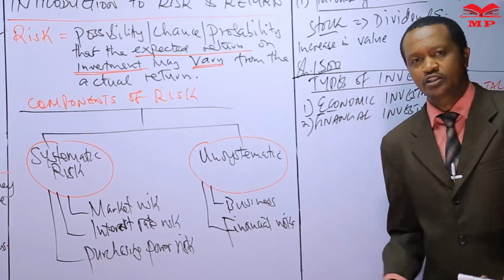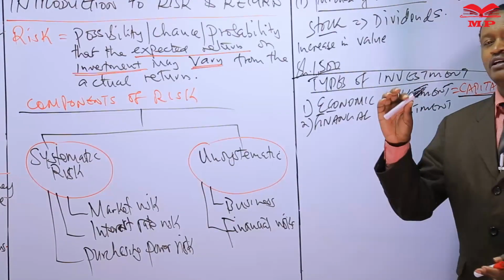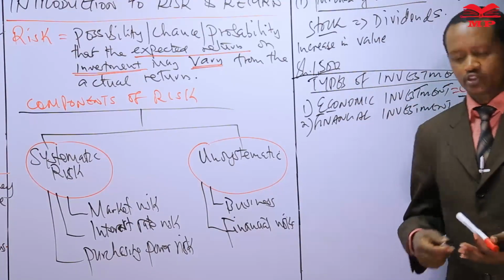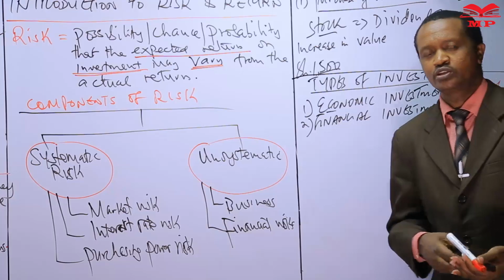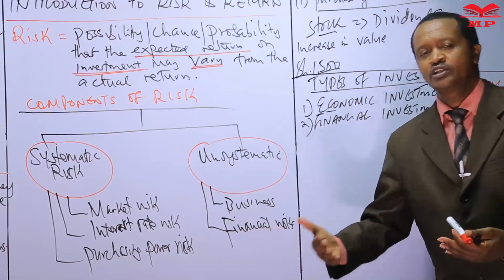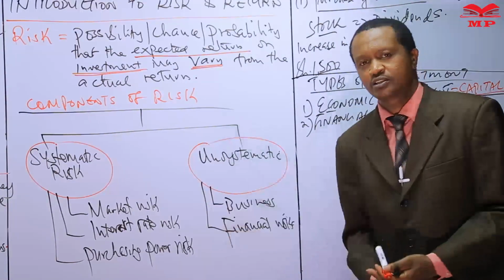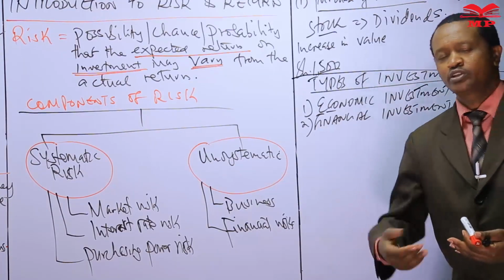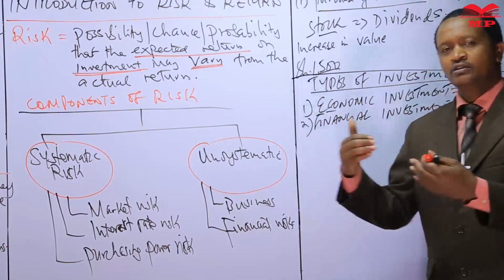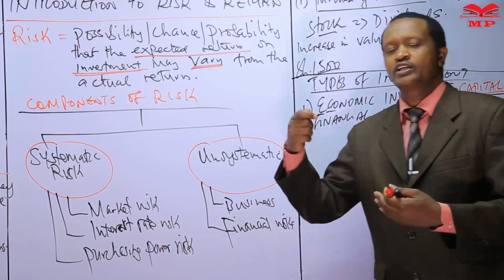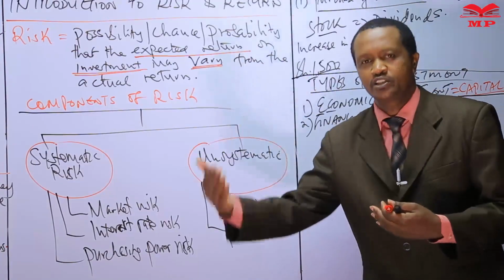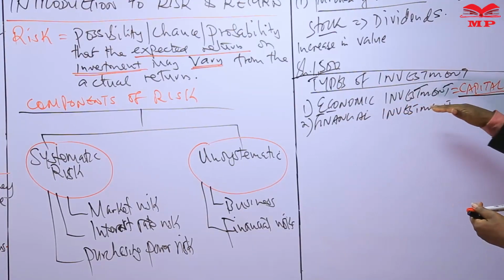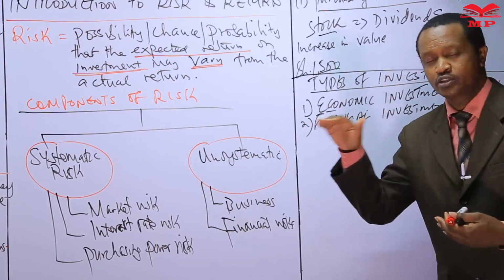If you have machinery, machinery is used to produce other goods, because machines may be used to convert raw materials into finished products. Plants may be used to convert raw materials into finished products. So economic investment is investment in capital goods.